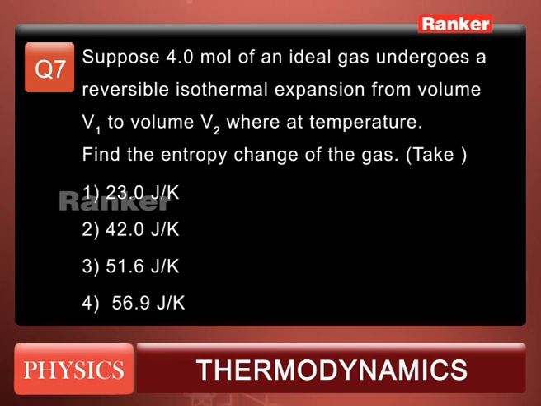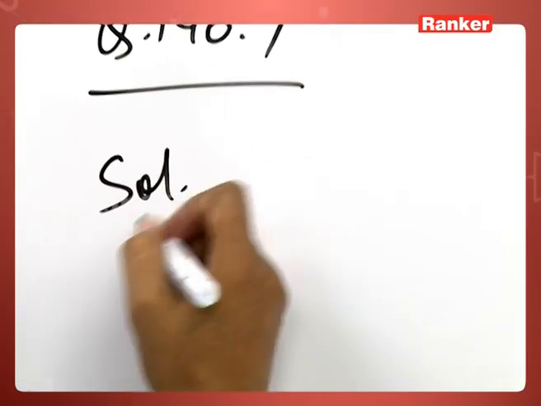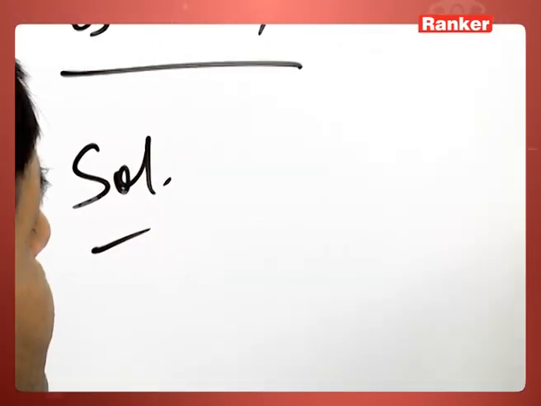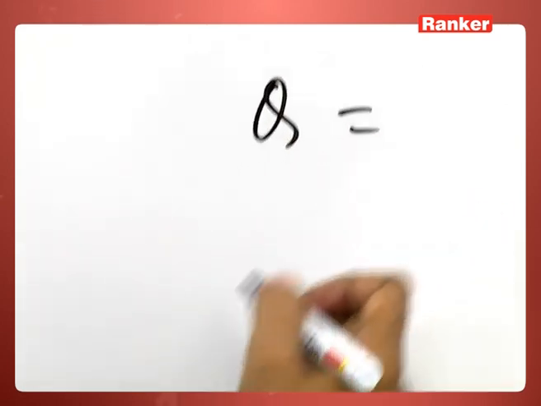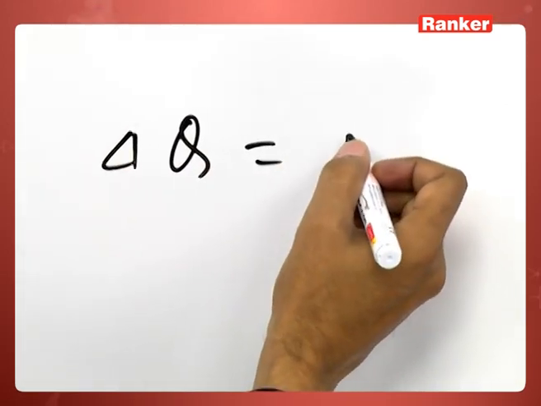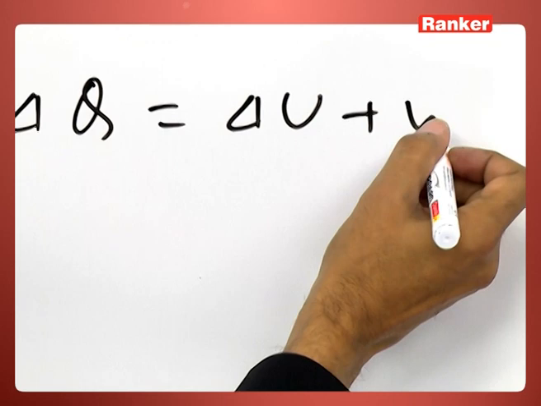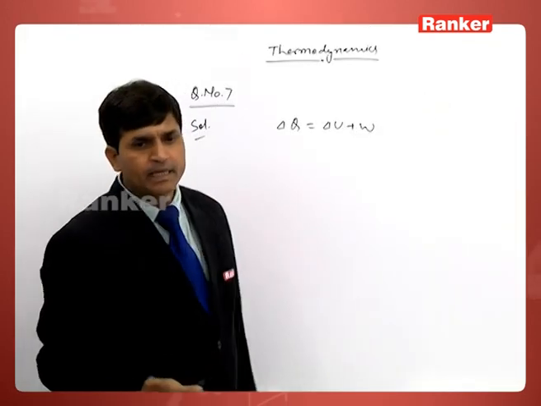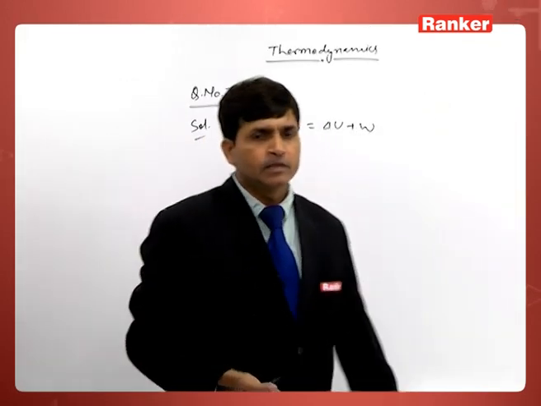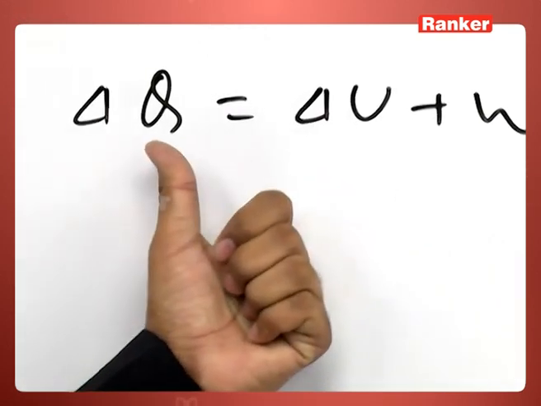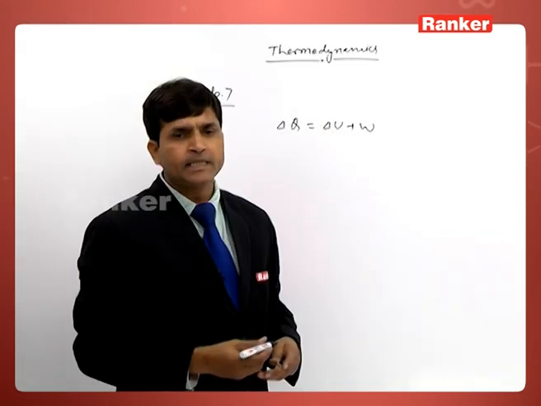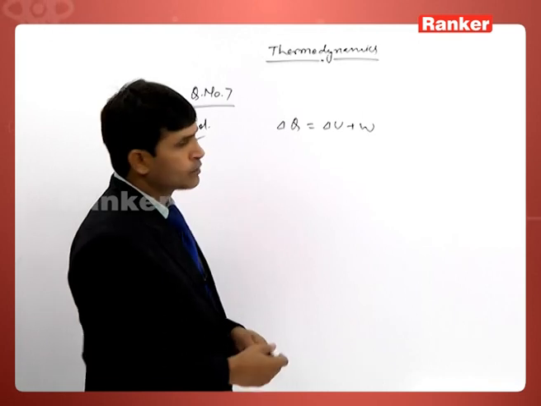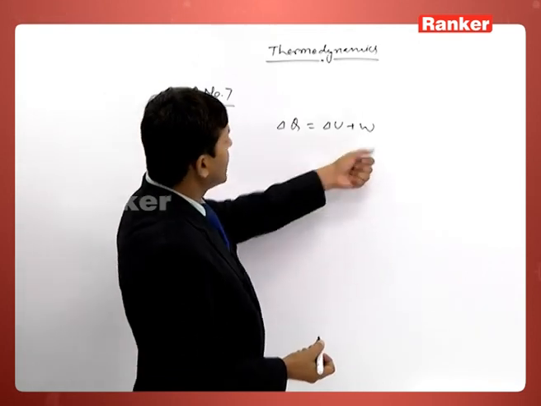It has changed from volume V1 to volume V2. Now the total heat supplied Q is equal to delta U plus work done, and here the temperature T is constant, so work done we have to calculate.